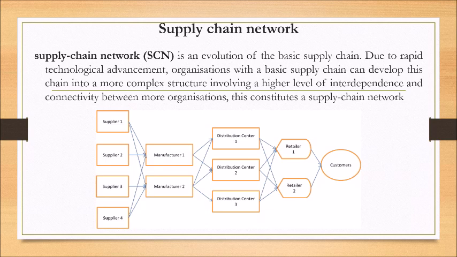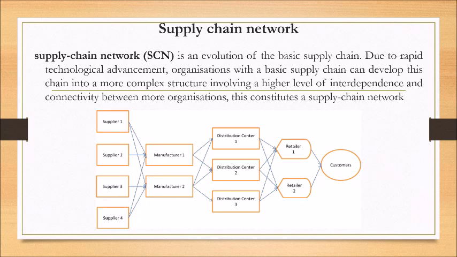Here again we can take an example of bakery products. Manufacturer one is Britannia, and the second one is Parle-G. Both of them buy the raw material from the various suppliers.